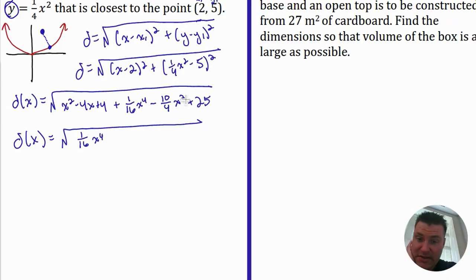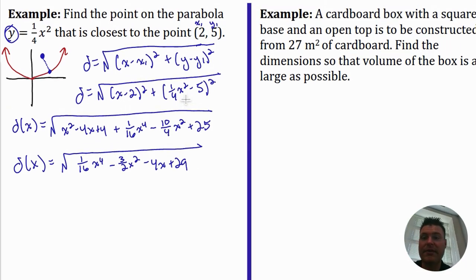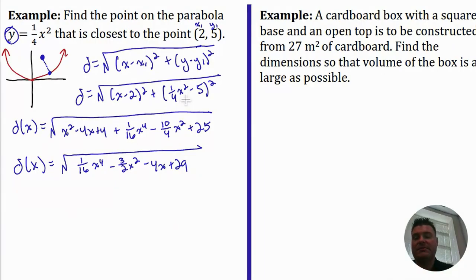I probably should do this ahead of time. Negative 3/2 x squared. Is that right? You're not going to tell me. Minus 4x plus 29.